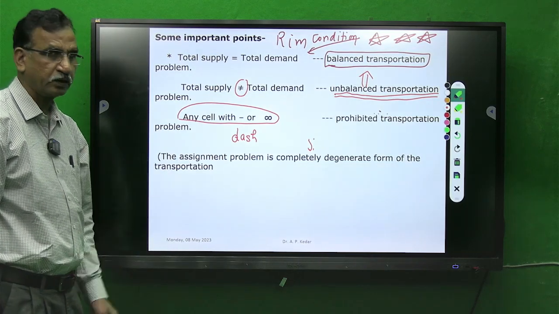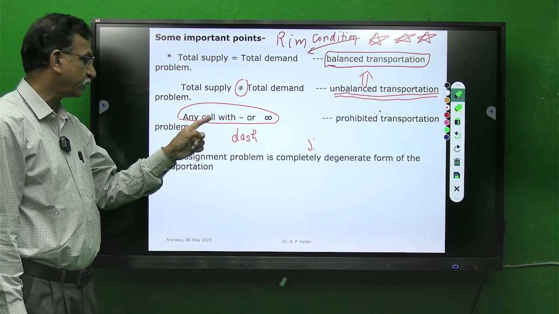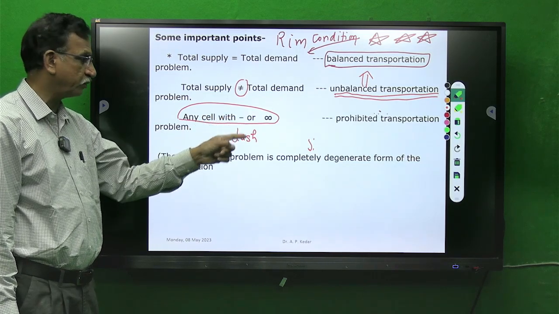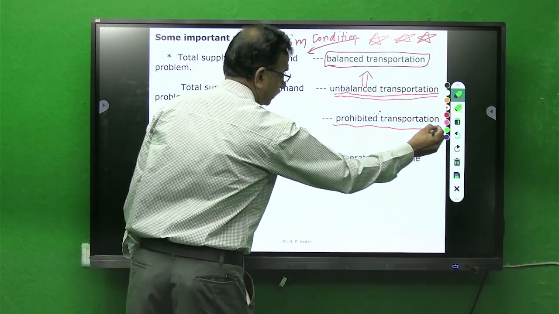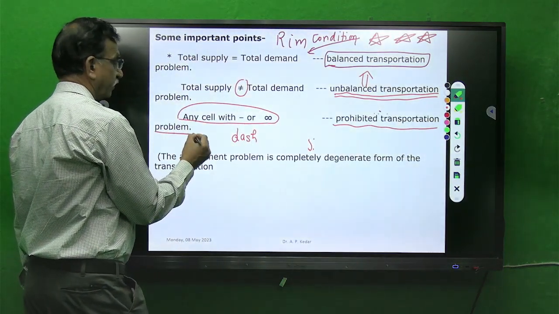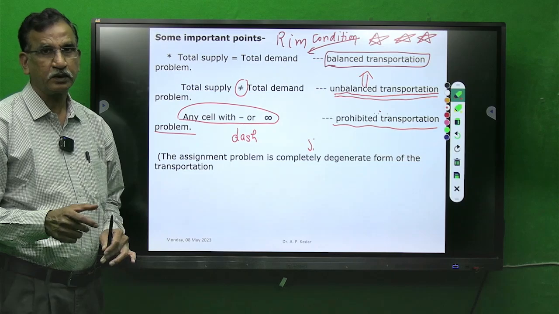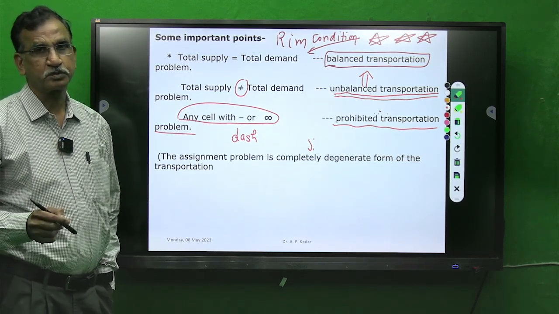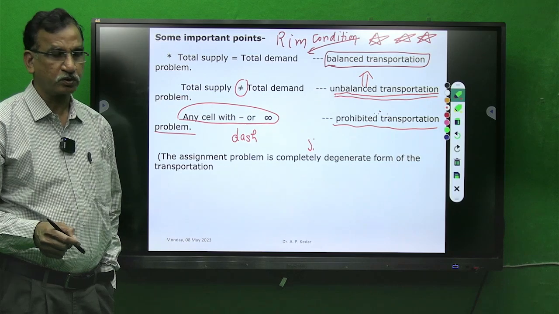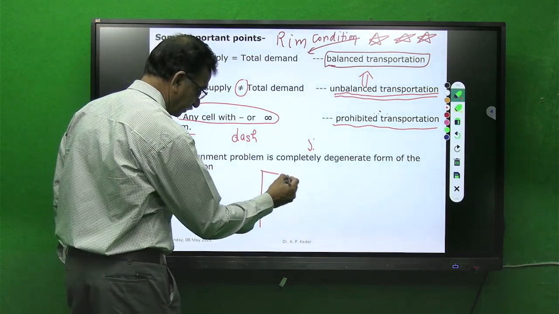The meaning, if that particular cell in the transportation matrix has dash or infinity, it is to be taken as prohibited transportation, meaning no transportation is possible on that particular route. I will explain this through example.